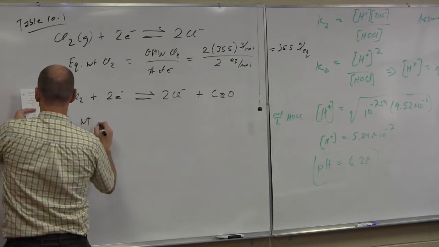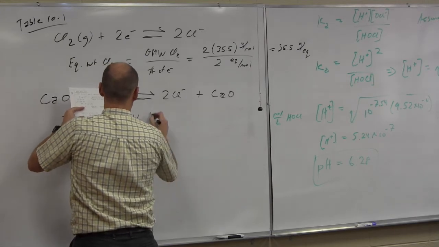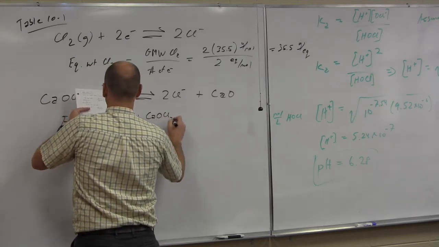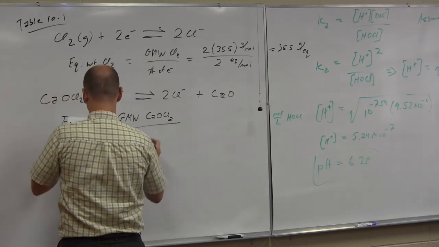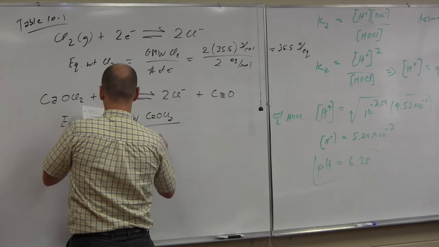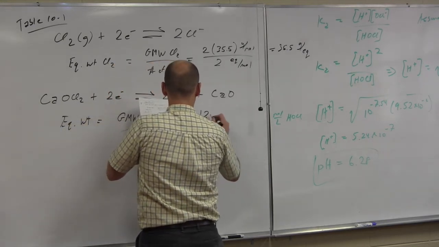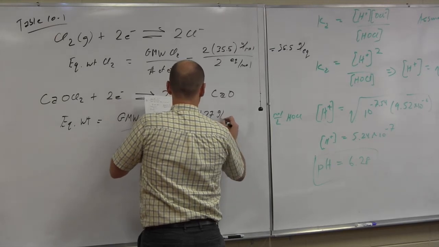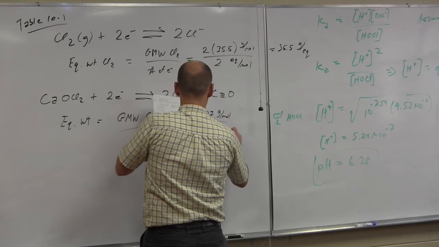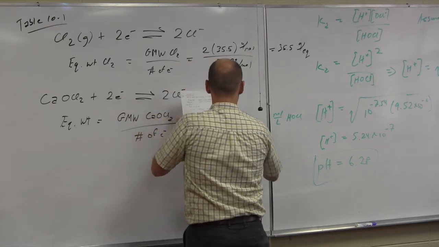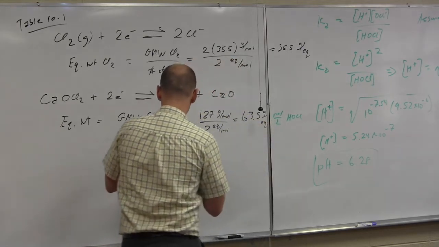And the equivalent weight here is going to be the gram molecular weight of, I'm sorry, that's not calcium hypochlorite, chlorinated lime, divided by the number of electrons in that one, and that's going to be 127 grams per mole, divided by 2 equivalents per mole, and that is 63.5 grams per equivalent.